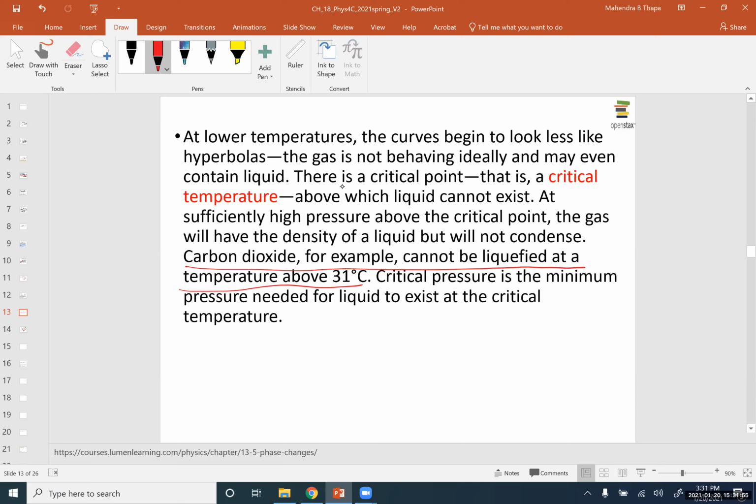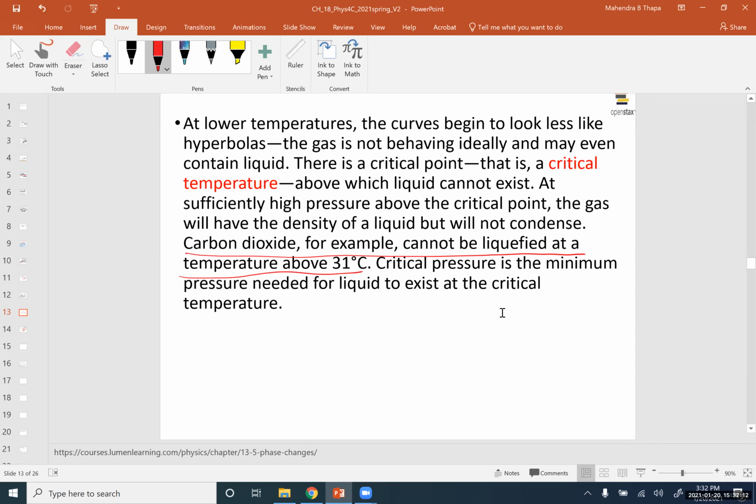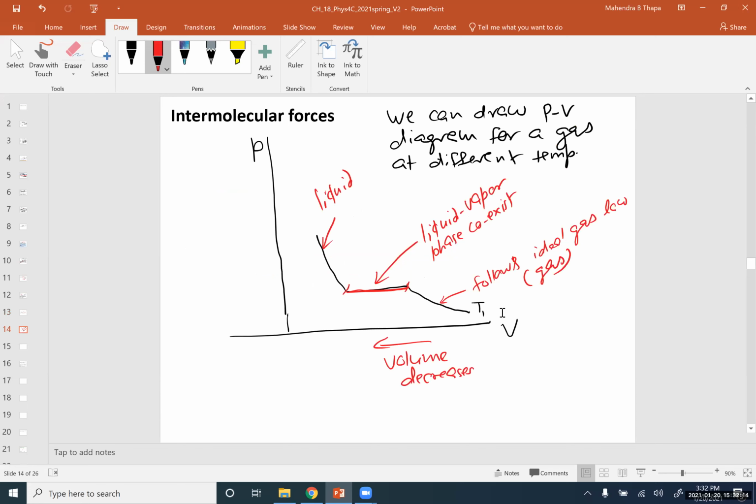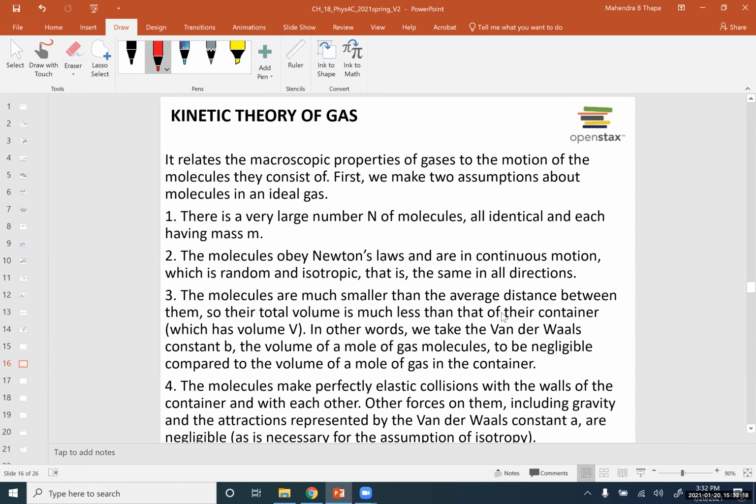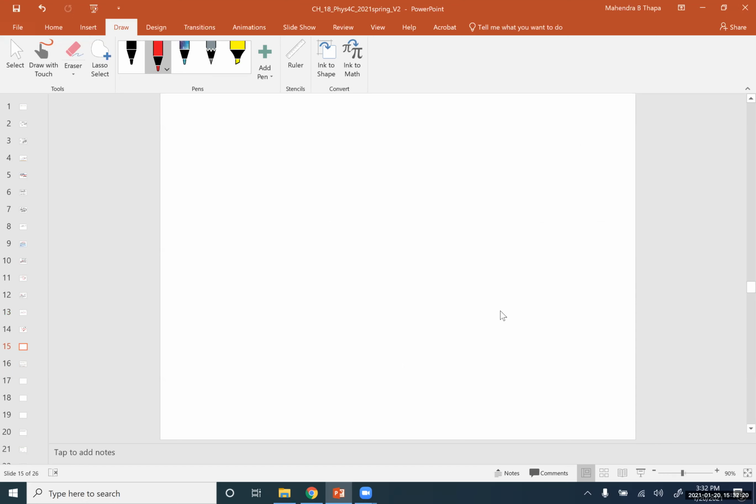If the carbon dioxide is at 31 degrees and you decrease the volume, it will not condense into liquid. The critical pressure is the minimum pressure needed for liquid to exist at the critical temperature. So I will stop here.